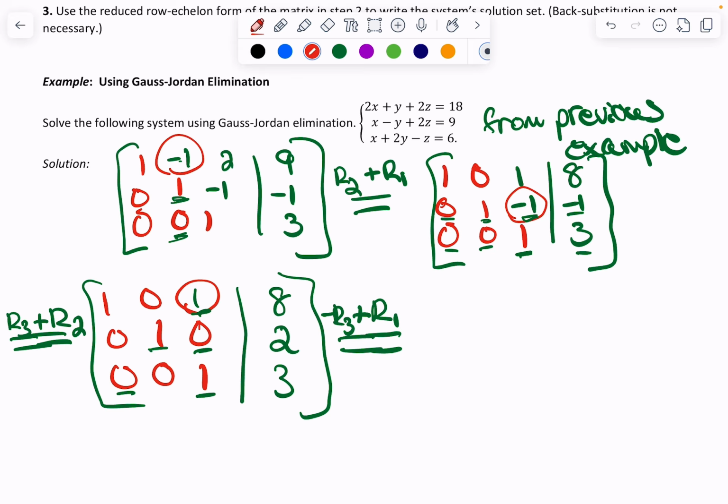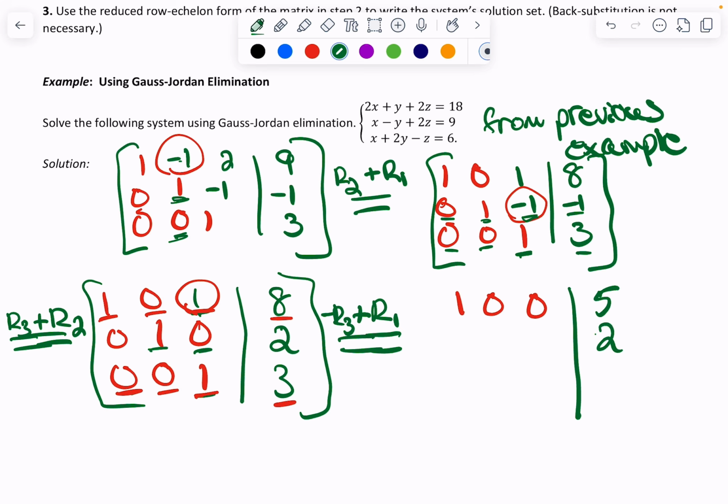Our first row, well, if we add a negative 0 to 1, we still have the 1. If we add negative 0 to 0, we still have a 0 there. Negative 1 plus 1 is going to be a 0. Negative 3 plus 8 is going to be 5.